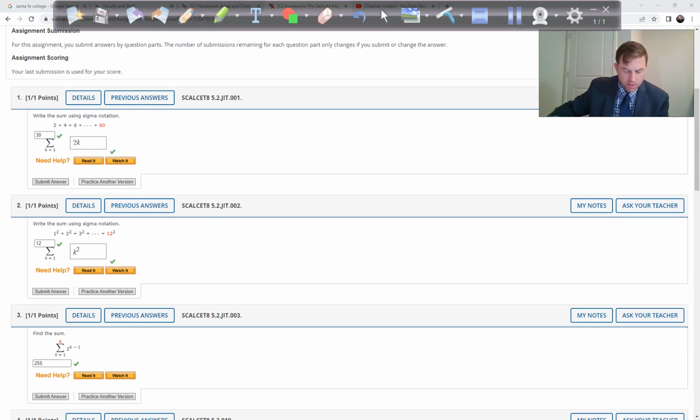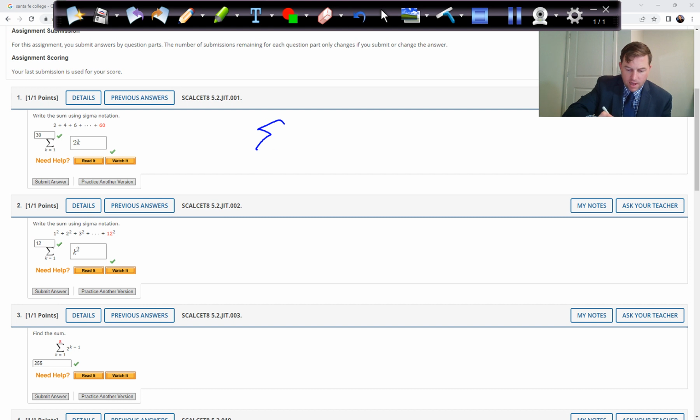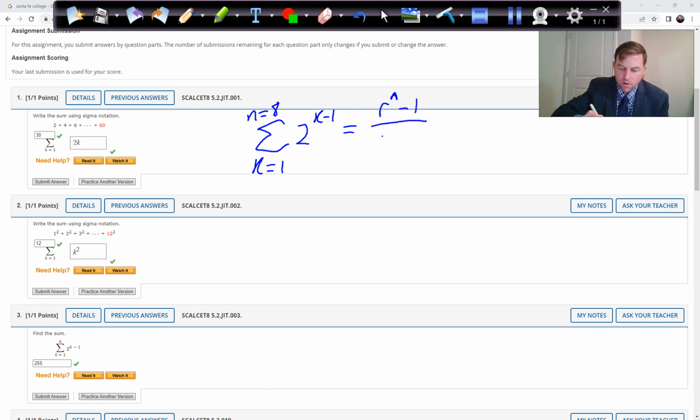So I guess there's not much to talk about on that one. Okay, here we go. This one's going to require a little more work. So problem 3, although we saw one just like this in the previous section. So we have the sum from k equals 1 to n equals 8 of 2 to the k minus 1. Now I showed us the shorthand, the closed form solution of this particular one in the last section: r to the n minus 1 over r minus 1, where this is r and n is 8.